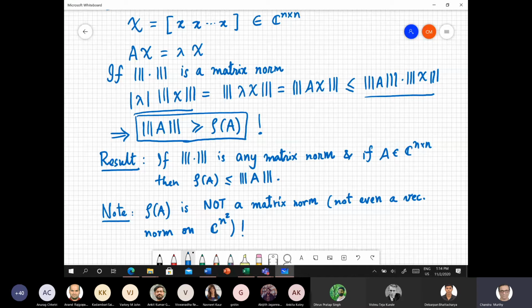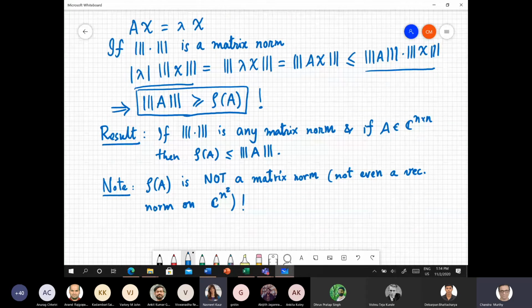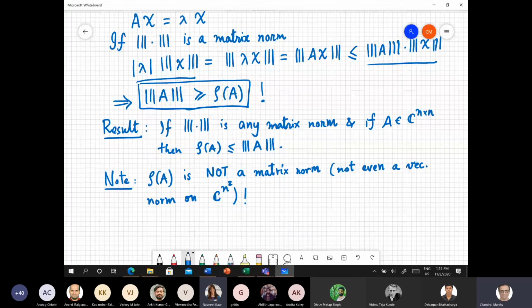Now, it turns out that although rho of A cannot be a matrix norm, it is the biggest lower bound you can find.